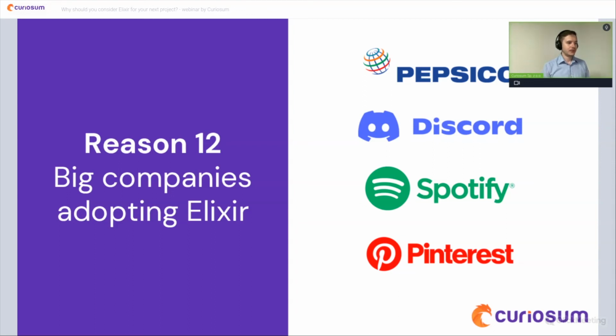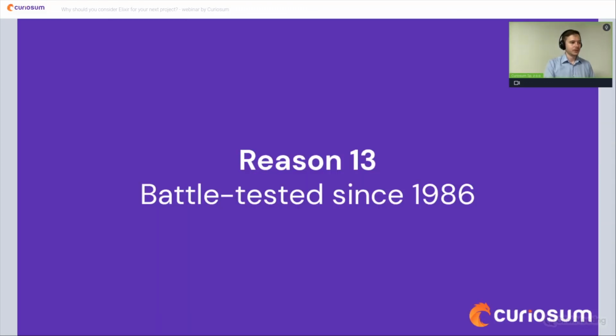And what I could see is that all of them were actually very happy with this technology, not dropping it in favor of something else. It's really helping them maintain a huge load in places where they need a stable environment to maintain a big number of users doing something.